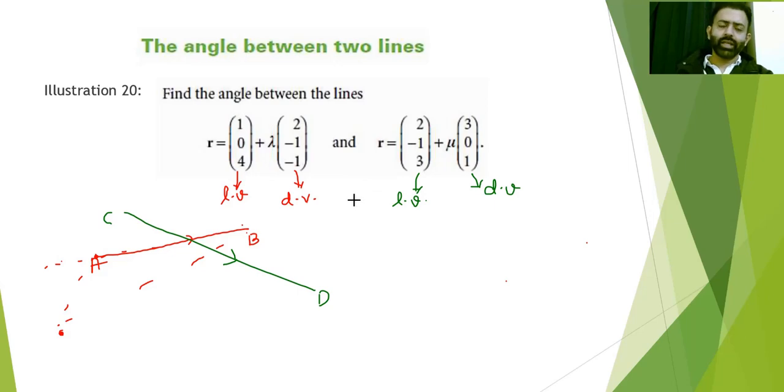So if you have to find the angle between these two given lines AB and CD, it means we have to find the angle between these two direction vectors. That's why I said at the start that it is just like finding the angle between two vectors. We just have to find between which vectors we have to find the angle.